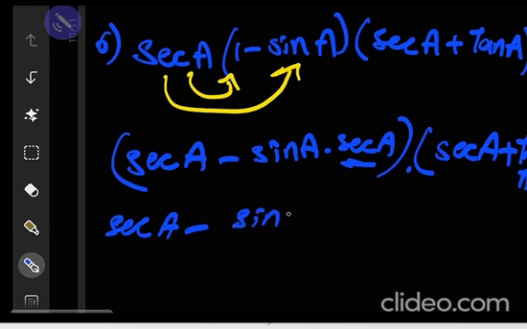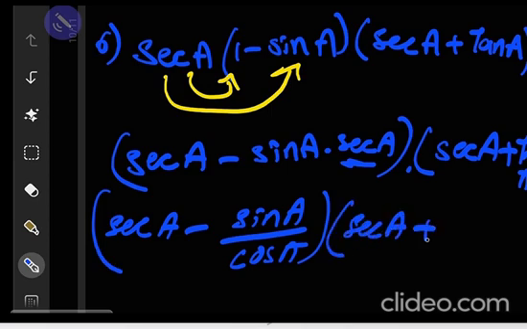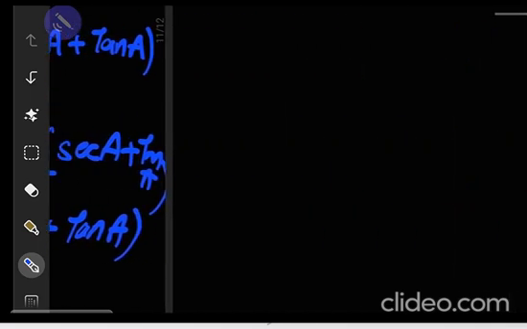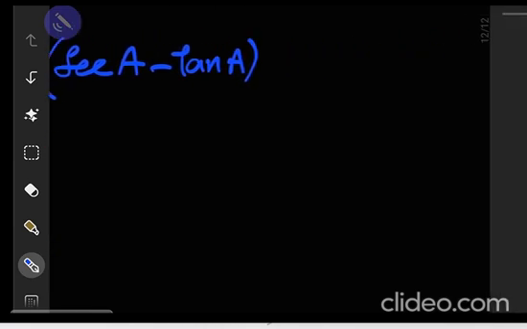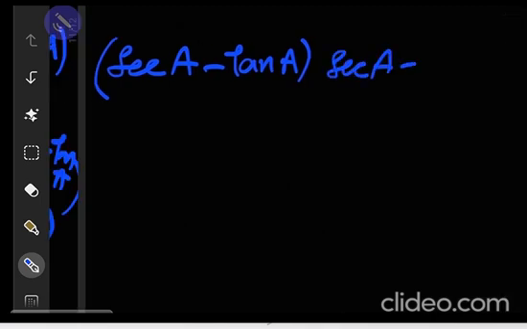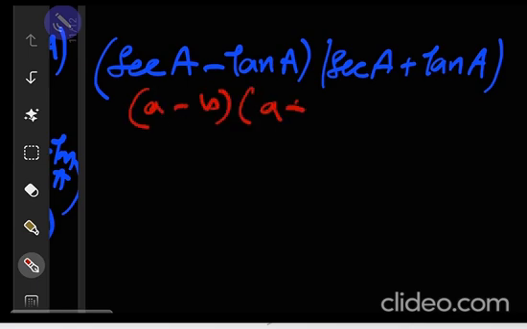Secant A minus sin A by cos A into secant A plus tan A. Now if you see secant A minus tan A and secant A plus tan A, this is in the form of A minus B into A plus B, which is equal to A square minus B square.